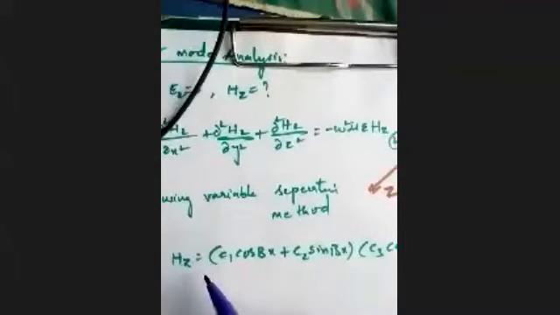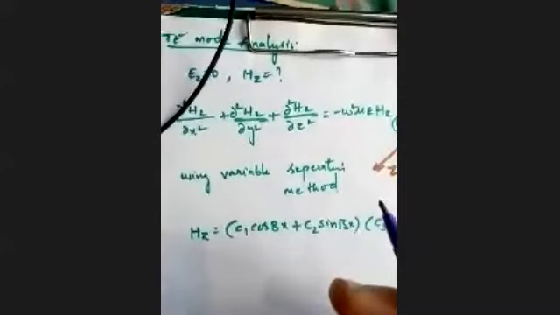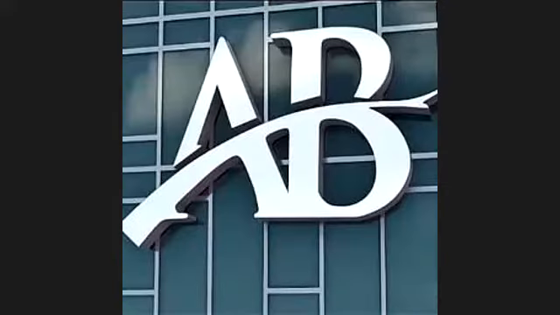So what we have to do is convert this Hz into either the tangential component of electric field or the normal component of magnetic field. That is, convert Hz into Hx or Hy and write boundary conditions, or convert it into Ex and Ey and write boundary conditions.